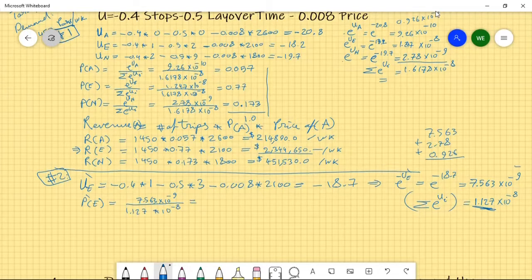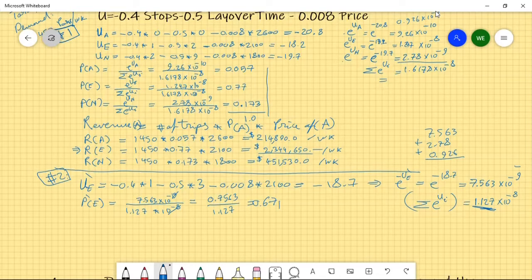You can simplify this basically by eliminating this, so it's basically to the power minus 1. So you can do this like this: 0.7563 divided by 1.127 equals 0.7563 divided by 1.127, 67.1 point.